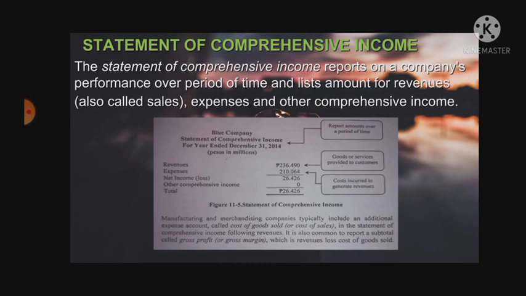So, statement of comprehensive income is a change in equity during a period resulting from transactions and other events other than changes resulting from transactions with owners in their capacity as owners. Comprehensive income includes component of profit or loss, components of other comprehensive income.